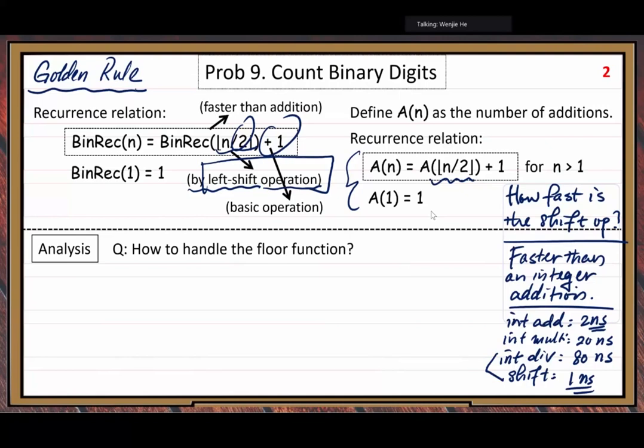Let's recall this rule and apply it here. When you solve a relatively hard problem, you can modify the original problem to make it easier, and we work on this easier version first. After we find that solution, then we go back to the original version. Do you still remember that? That's the golden rule.